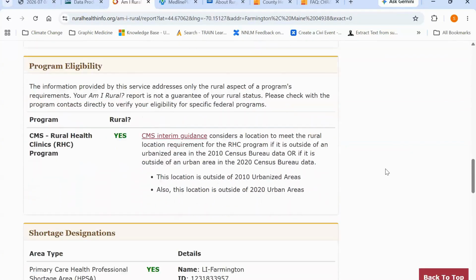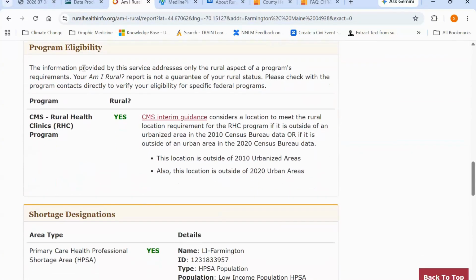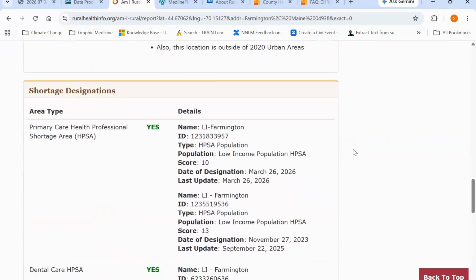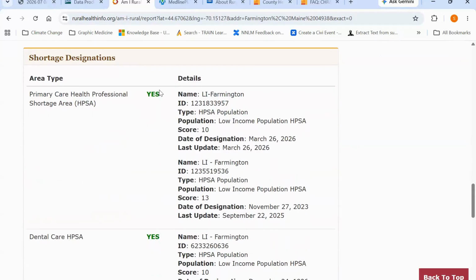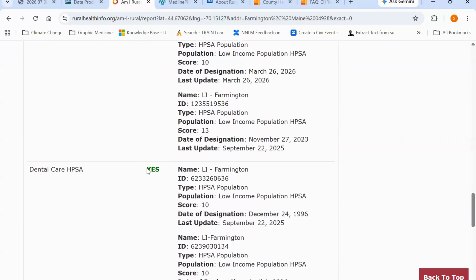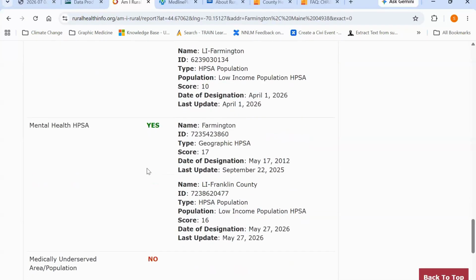It also does some of the broader program eligibility. So for CMS, it very clearly says yes, it is rural. And then it very clearly says that there is a primary care health professional shortage in this area, dental shortage, mental health.